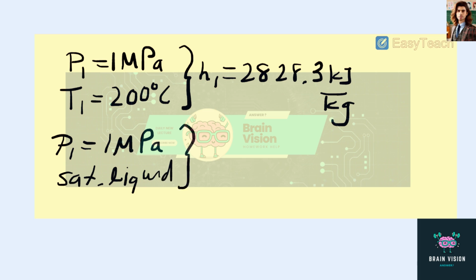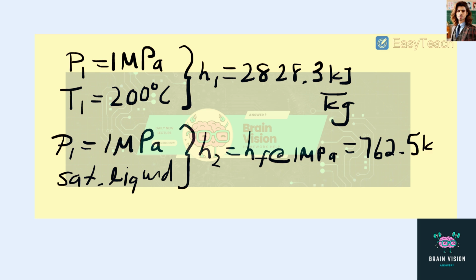Therefore, we can look up the exit enthalpy, H2, which is equal to HF at 1 MPa, which is 762.5 kilojoules per kilogram. And this occurs at a saturation temperature of T2 equal to 179.9 degrees Celsius.